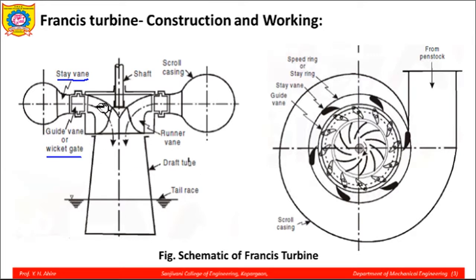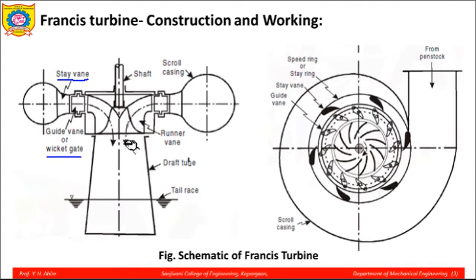Then the water will enter the runner vanes. So centrally there is a runner mounted on the shaft. Water will enter the runner in a radial direction. So here we have at the center the runner with the runner vanes, and the entry of water is still radial in the runner. While flowing in the runner, the water changes its direction from radial entry to axial exit.